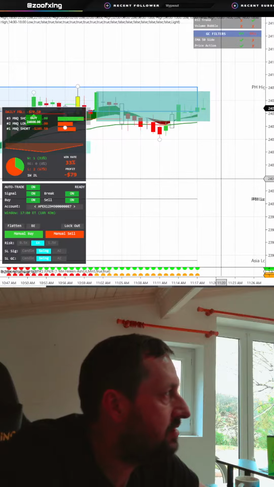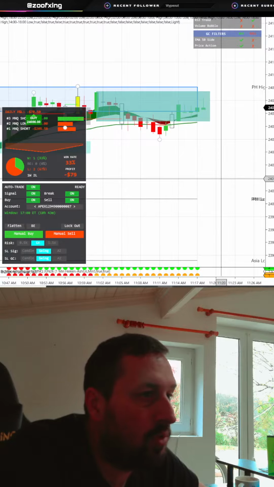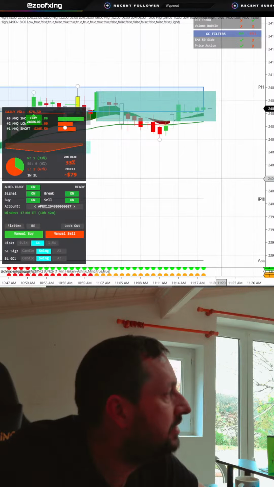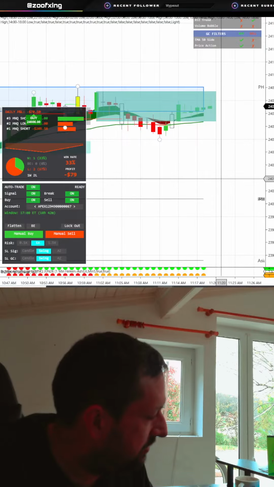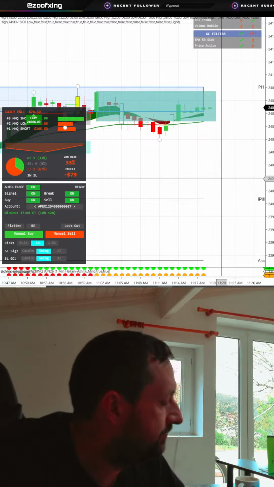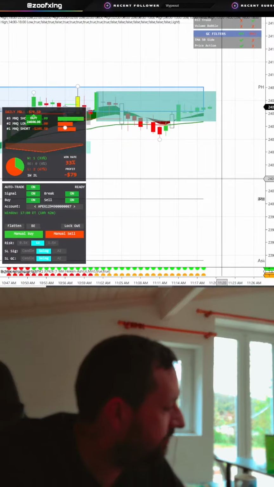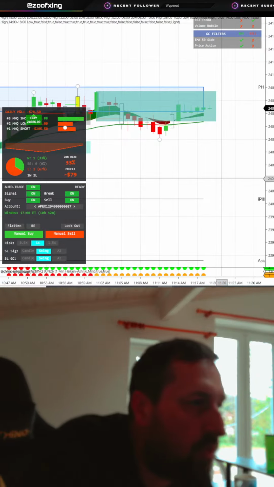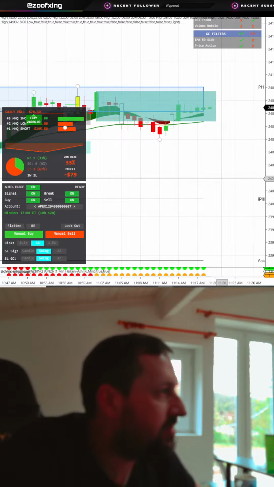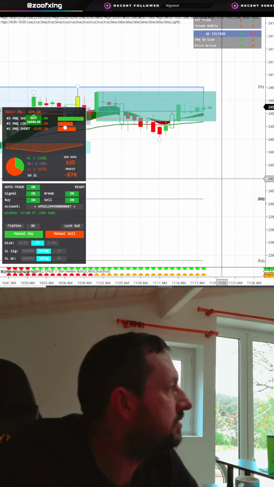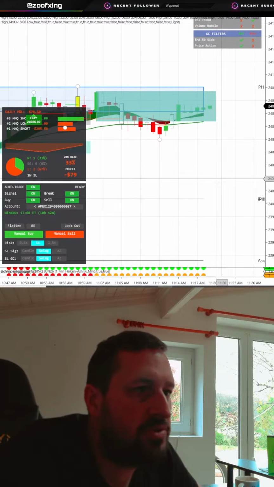Obviously, all of these things, especially when it comes down to the bot, are all data backed, right? And prop firm backed. So we will be smashing out more and more setups and more bots to help you get through challenges.